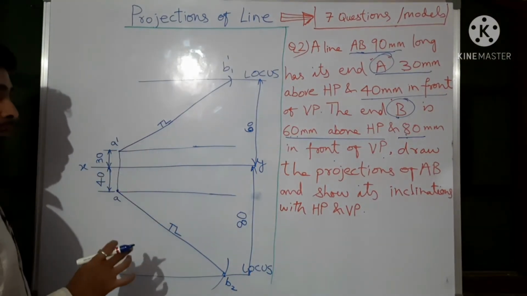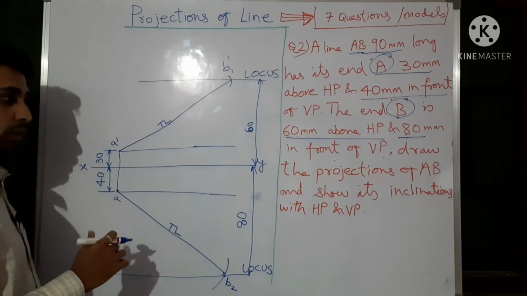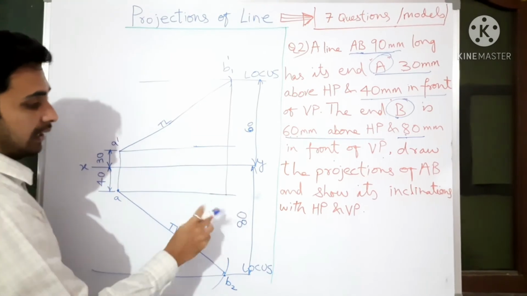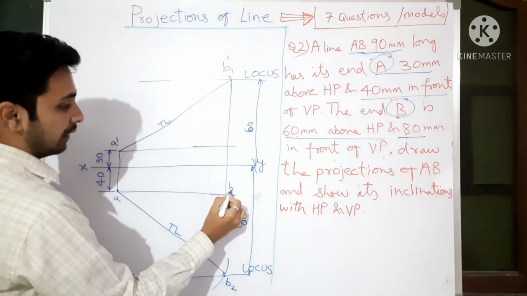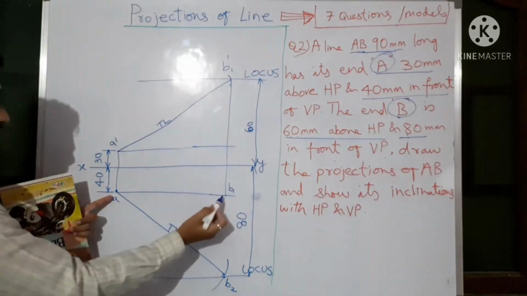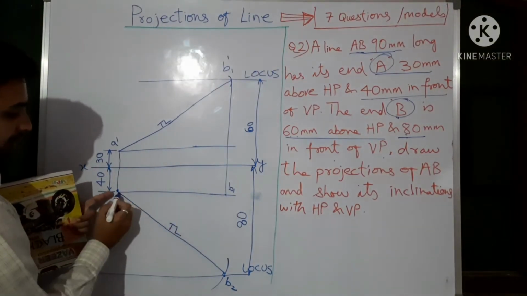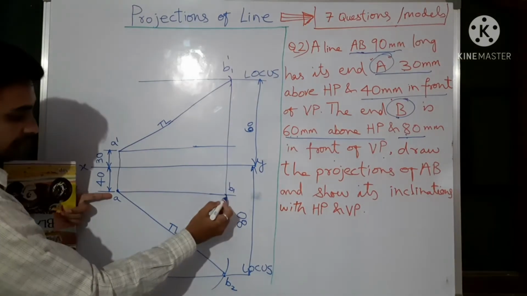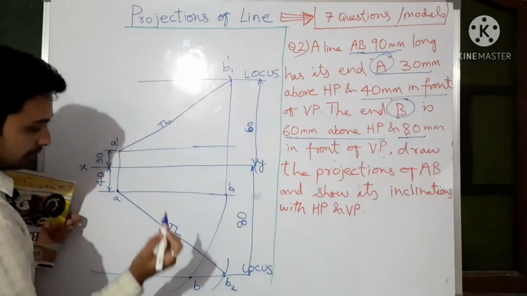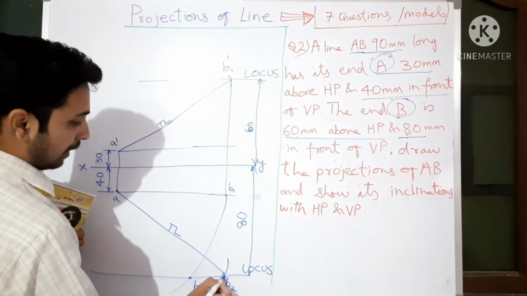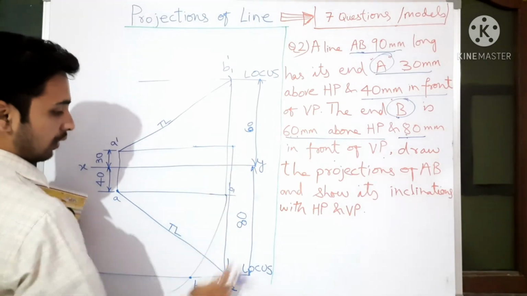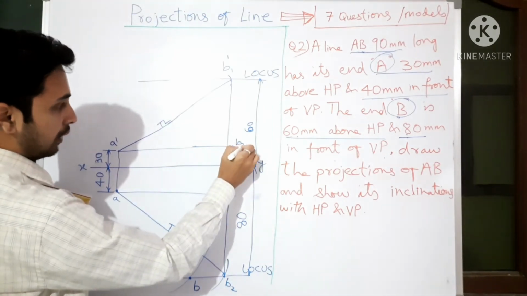Now the problem is very similar to the previous problem. As we did before, the true length should be projected till this point, called B1. Then with A as center and this length as radius, rotate it. We get the final B here. Projecting this up gives B2 dash.